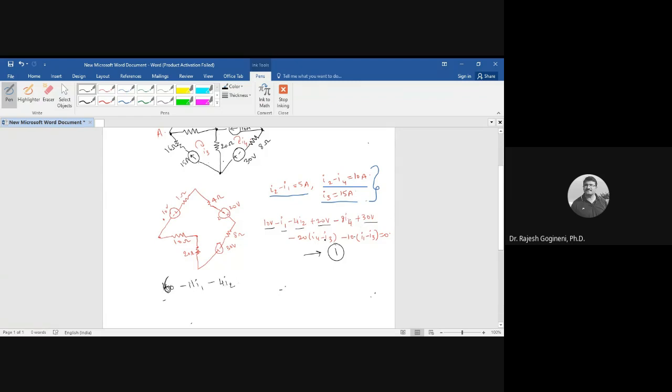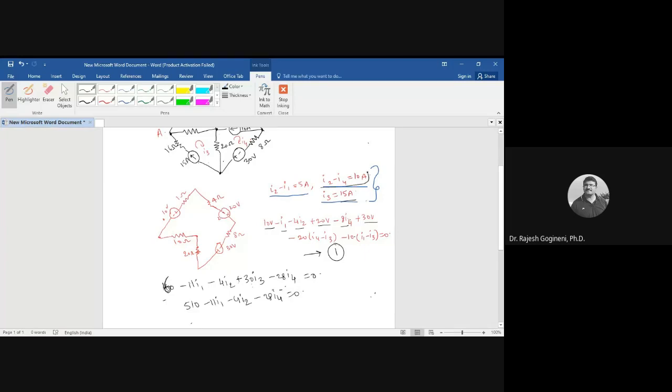I3 plus 20 I3 plus 10 I3, so 30 I3. I4 minus 8 I4 minus 20, so minus 28 I4 equals 0. I3 we have 15, so 30 into 15, 450. 450 plus 60, 510 minus 11 I1 minus 4 I2 minus 28 I4 equals 0.